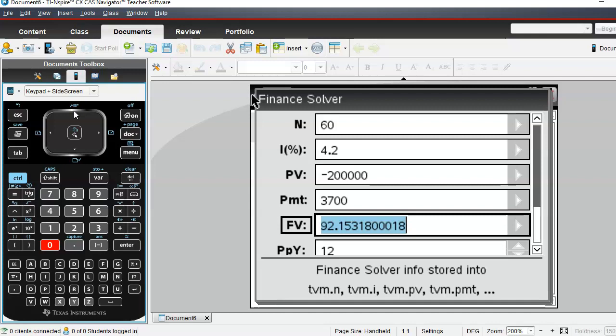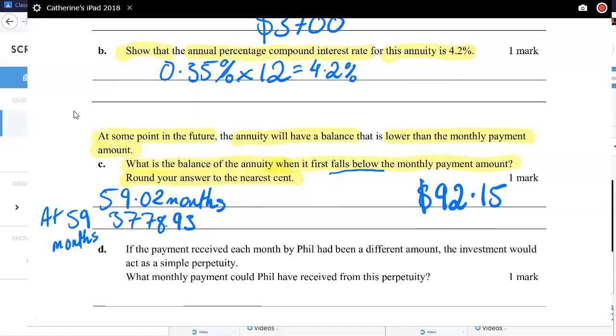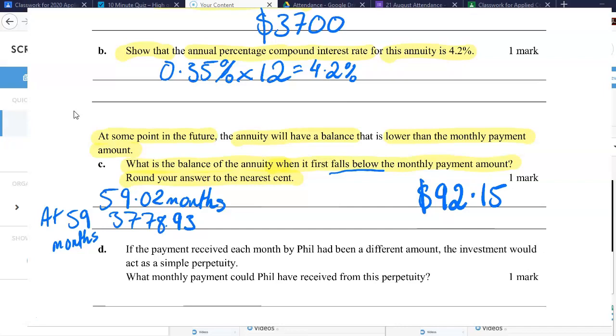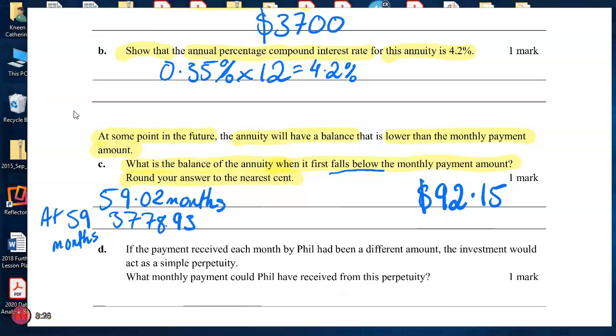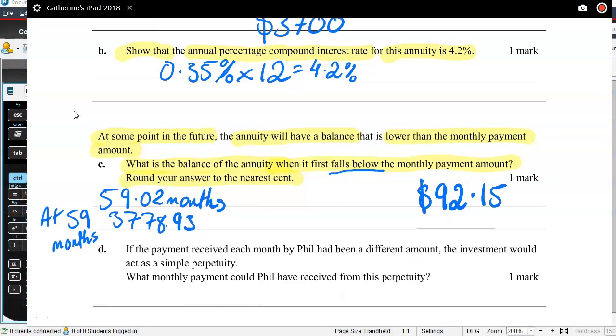So in that 60th month, the balance is going to be $92.15. Yep, $92.15 as written there.